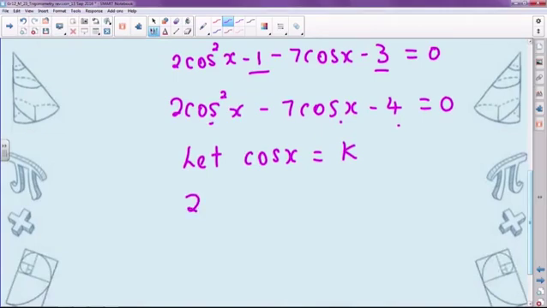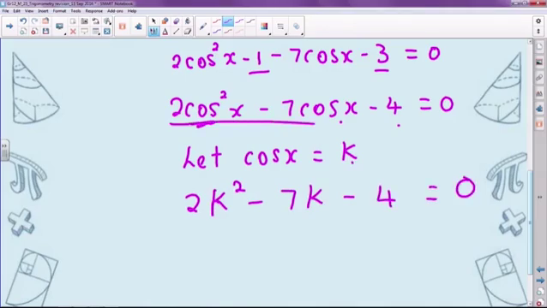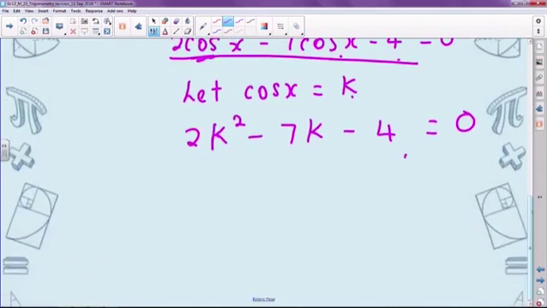So I will get 2k squared, see what I've done, where there's a cos x, I've put in a k, minus 7k minus 4 is equal to 0. If you can see the trinomial straight away, please, you don't need to do this step. This is only if you're battling with the trinomial.